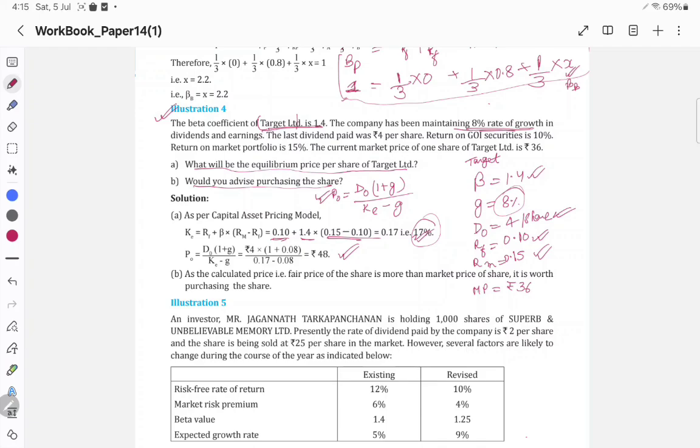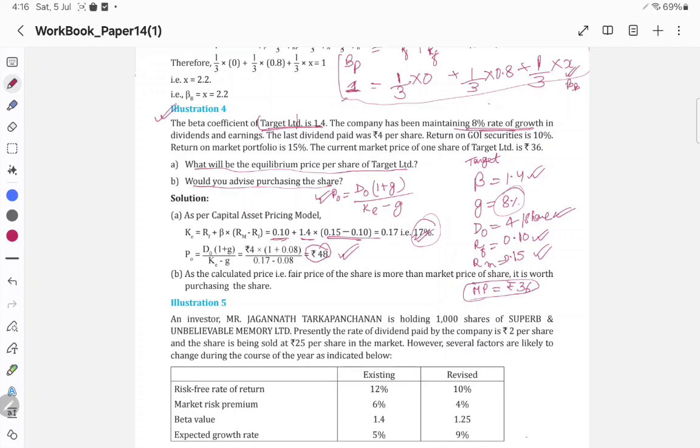So basically the market price was given as 36, but the price which you calculated, which is referred to as equilibrium price, is 48. So what advice will you give to Target Limited? So let me answer you this question.